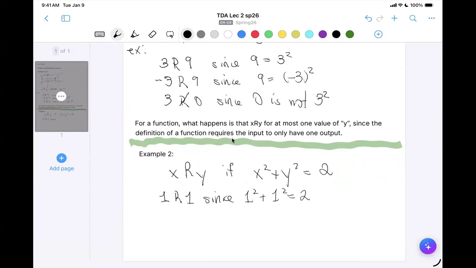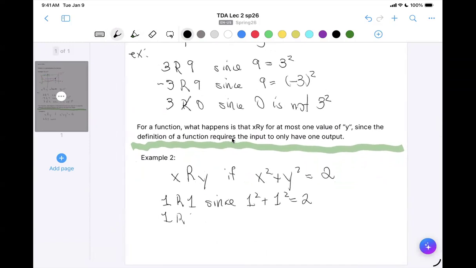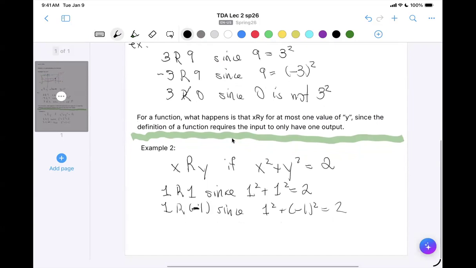But also, 1 is related to negative 1, since 1 squared plus negative 1 squared also gives you 2. In this case, I'm choosing examples where we already know the answer for what's going on.